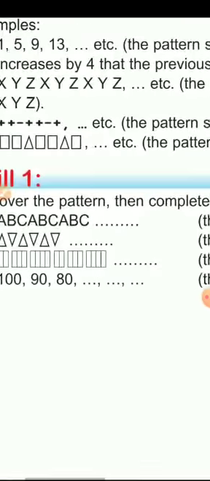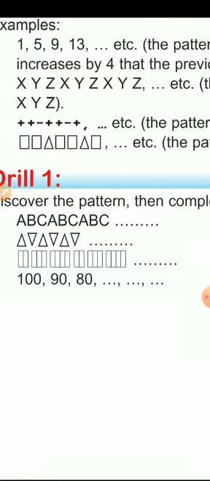Okay, example number 2. Here we have two types of triangle: triangle up and triangle down. So here the pattern sequence is what? It is repeating the first two triangles.